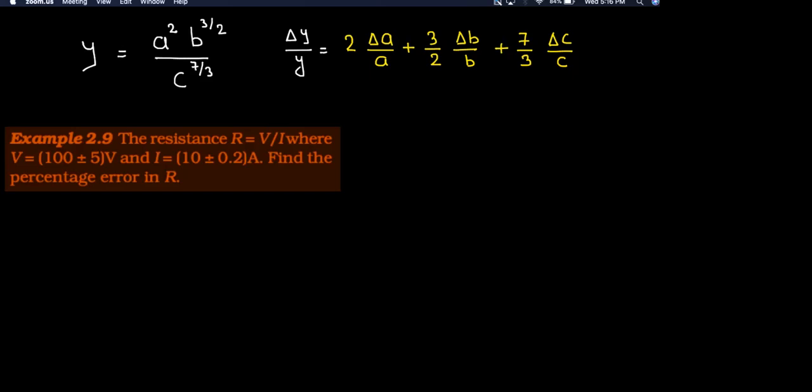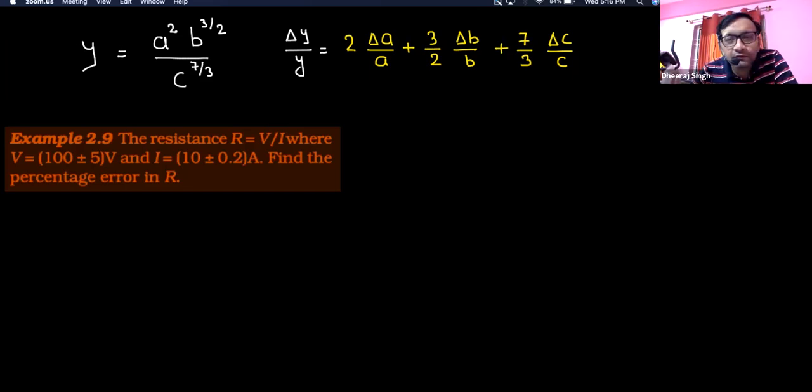You can say minus 7 by 3. So that's why 7 by 3 will come out. Okay, I can see many of you have answered already. 7% is the correct answer. Yes. Arya, understood?